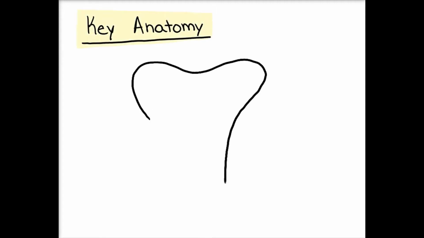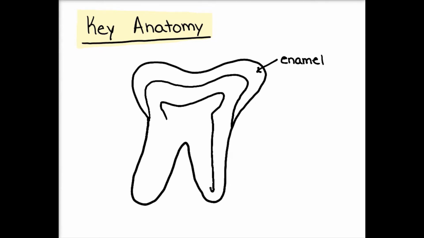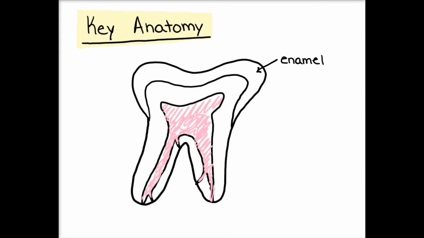I'm going to draw the outline of a tooth here, including the enamel and the pulp, which I'm drawing now. And I'm going to color that in pink. And here's the dentin.